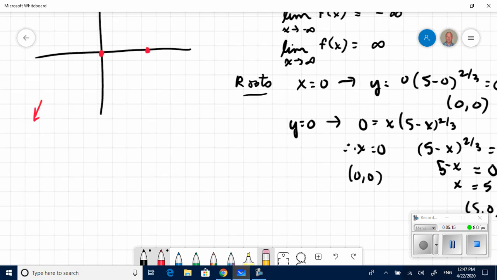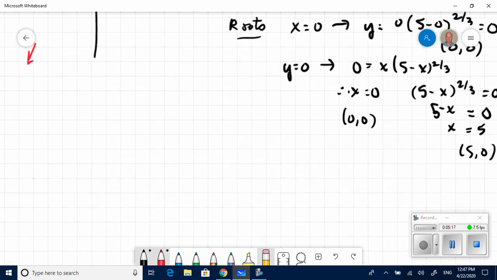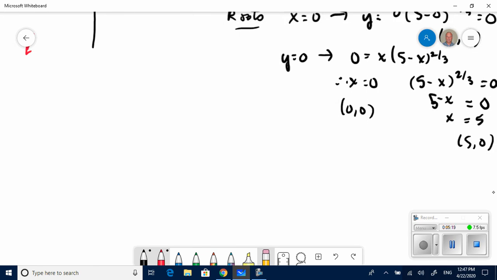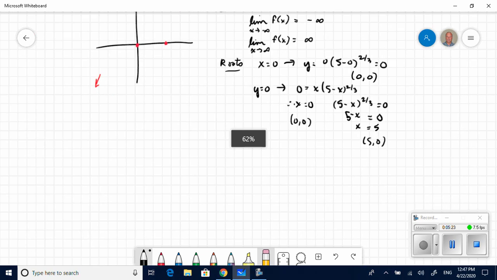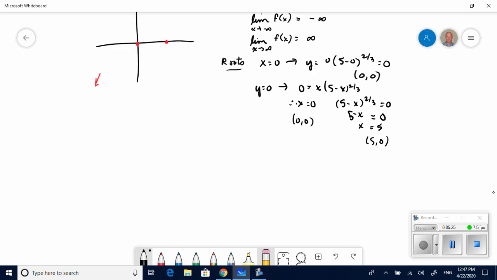All right, so we're good to go with the first derivative. Now the first derivative is going to give me my critical points and my intervals of increase and decrease. I'm going to use the product rule on it.